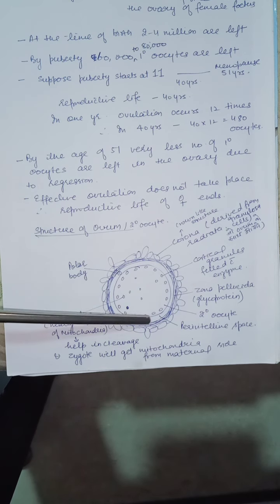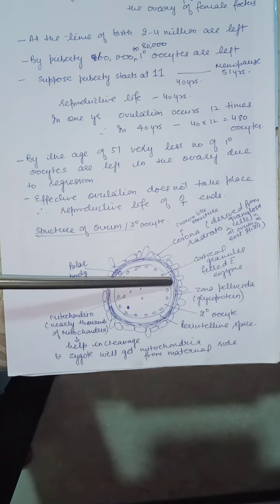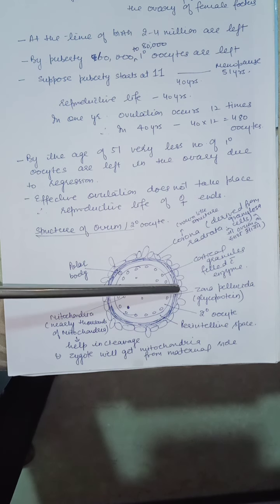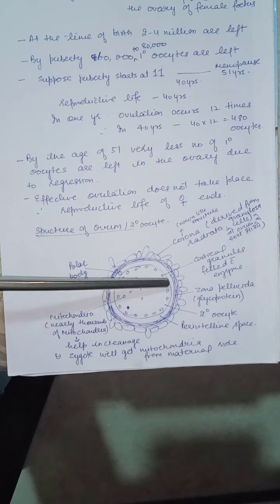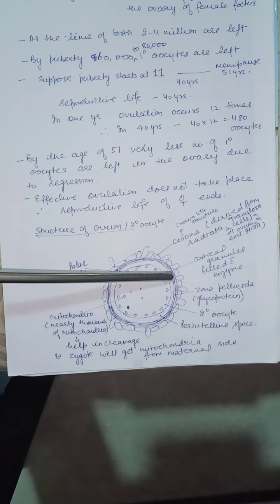This is the secondary oocyte which will undergo meiosis II, which will complete its meiosis II after the arrival of the sperm. This is zona pellucida, which is a glycoproteinaceous membrane secreted by the secondary oocyte itself.